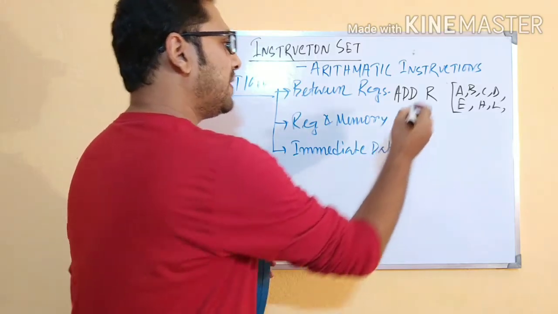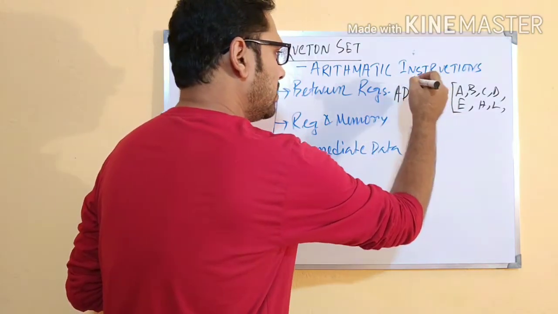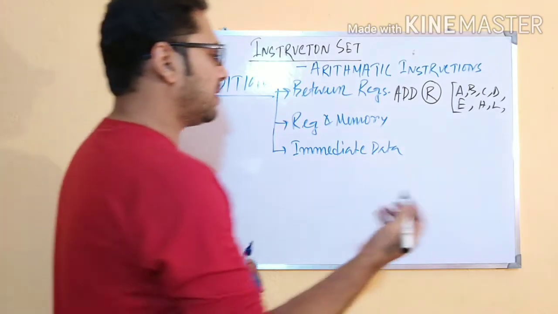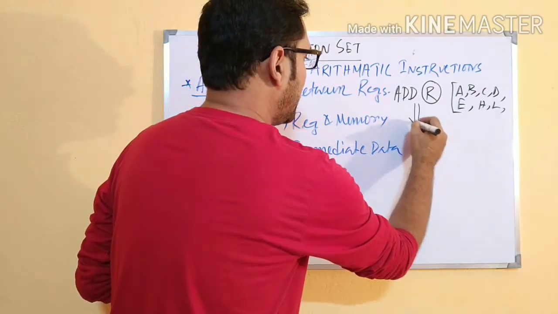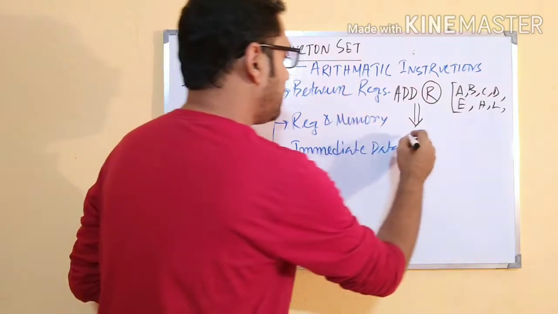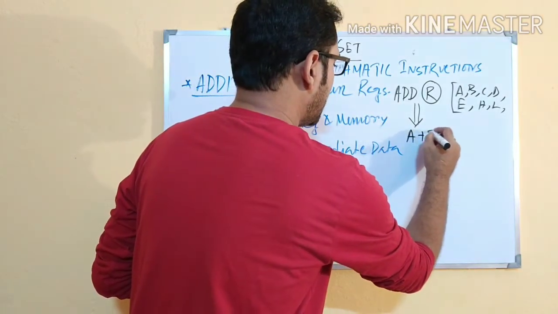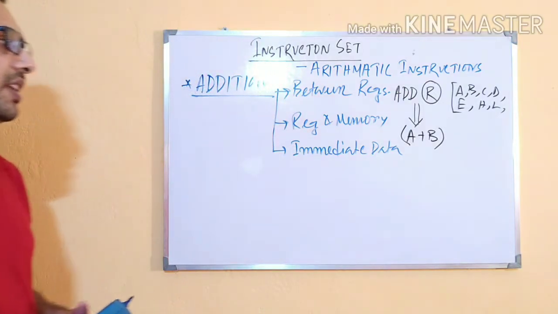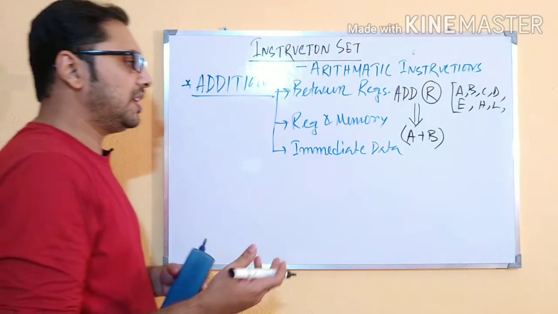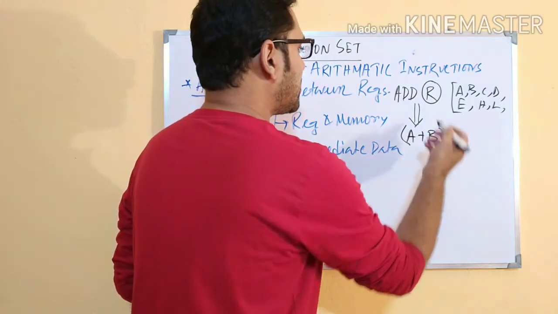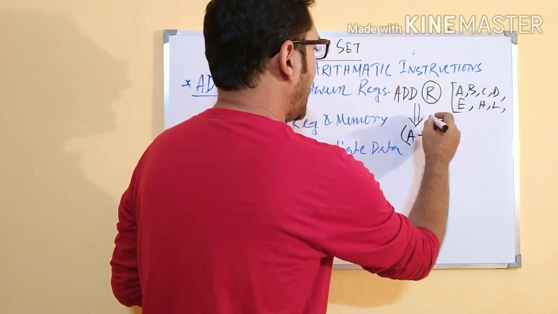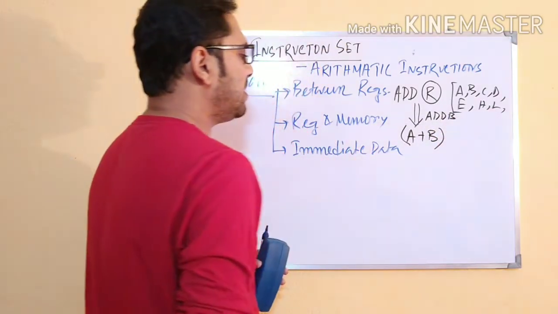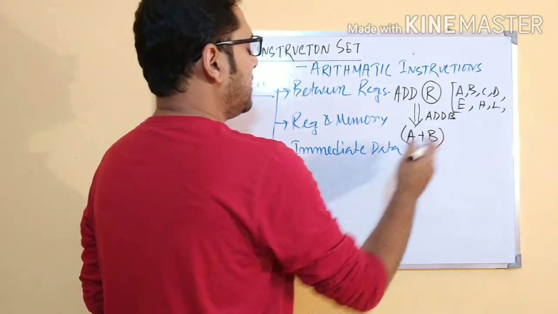One of them is definitely this one R, but what is the other register here? So we need to remember when we are writing this one, add R, that means we want to perform this one, A plus B. Add R means addition between A plus B. Why I am writing B? Suppose I have taken add B. I have written add B.